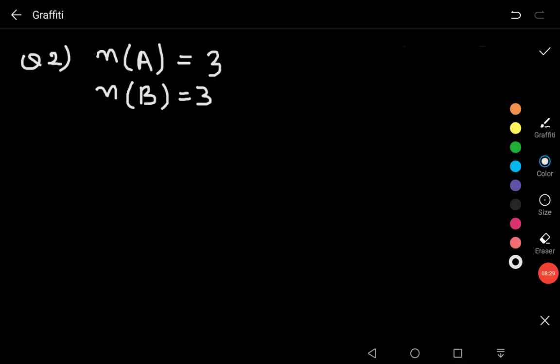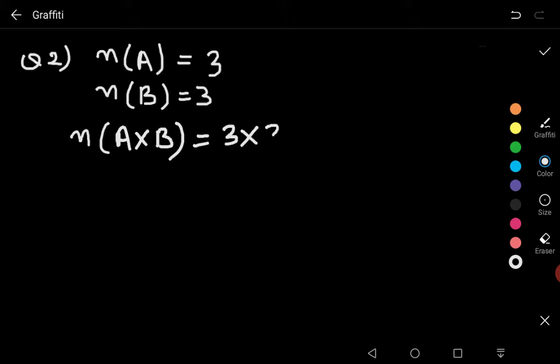Right? So you know number of elements in set A is 3, number of elements in set B is also 3. So number of elements in the Cartesian product will be 3 into 3 and that will be 9.